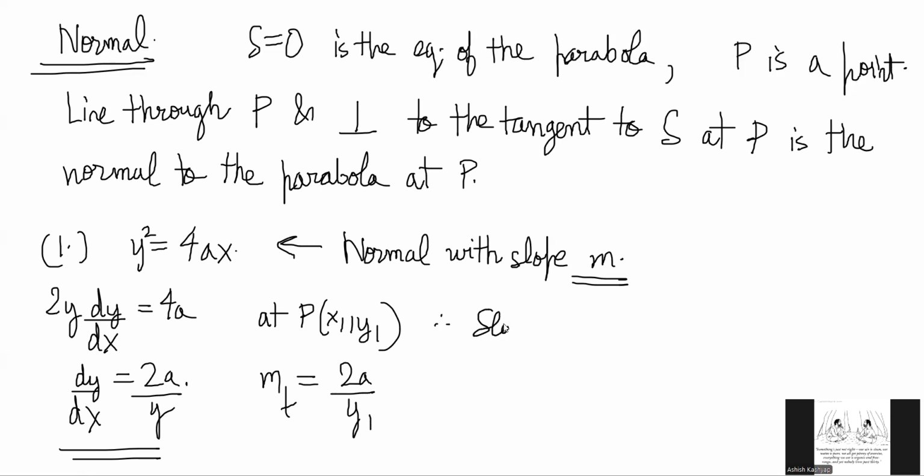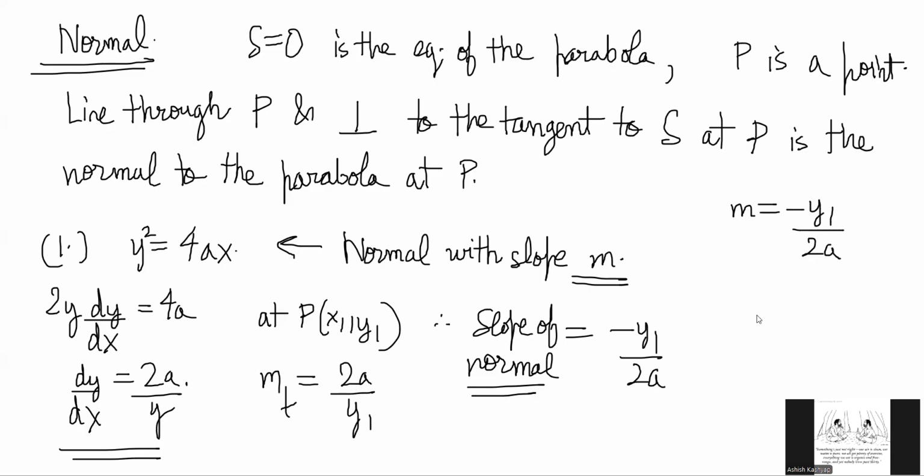Therefore, the slope of normal would be minus y1 by 2a because it is perpendicular to the tangent. So if I call the slope of normal here as m, I will say m is equal to minus y1 by 2a. And from here, I get y1 is equal to minus 2am, right? This is information that we have figured out, that y1 is equal to minus 2am.